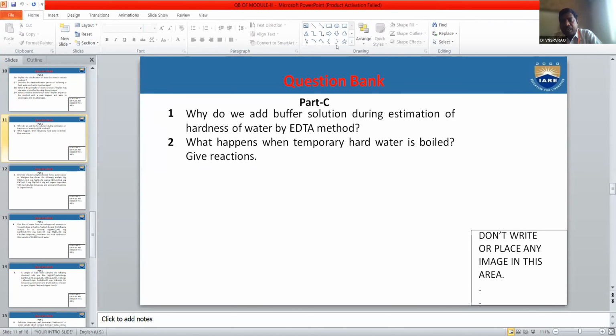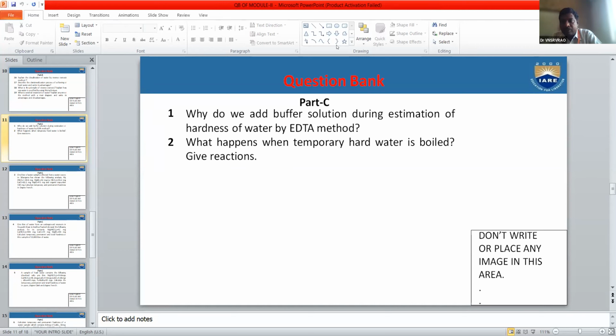The metal ions present in the water form a complex with the indicator to show the wine red color. Then it is titrated with EDTA for the determination of hardness. EDTA replaces the indicator from the metal to form a stable metal EDTA complex, and leaves the free indicator, which is the blue color. So that's why the color changes from wine red to blue.